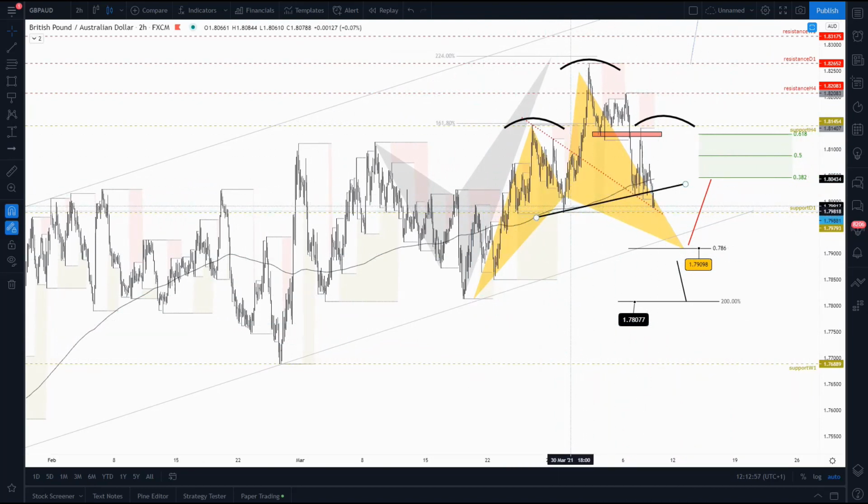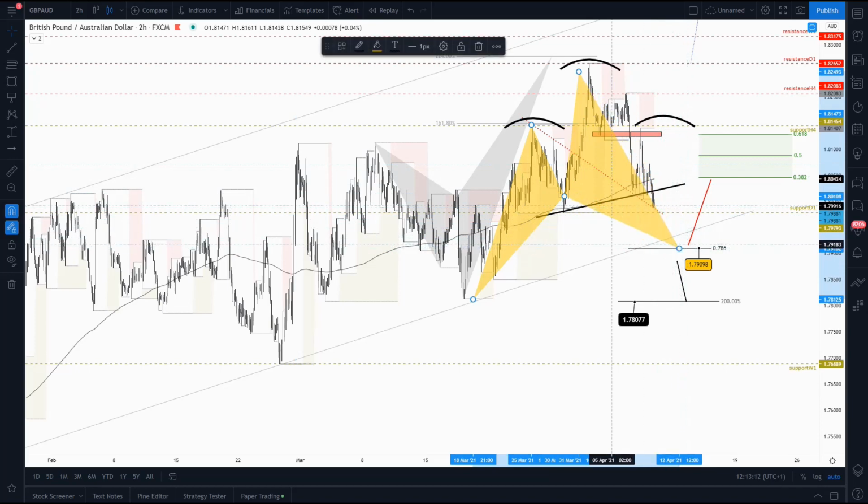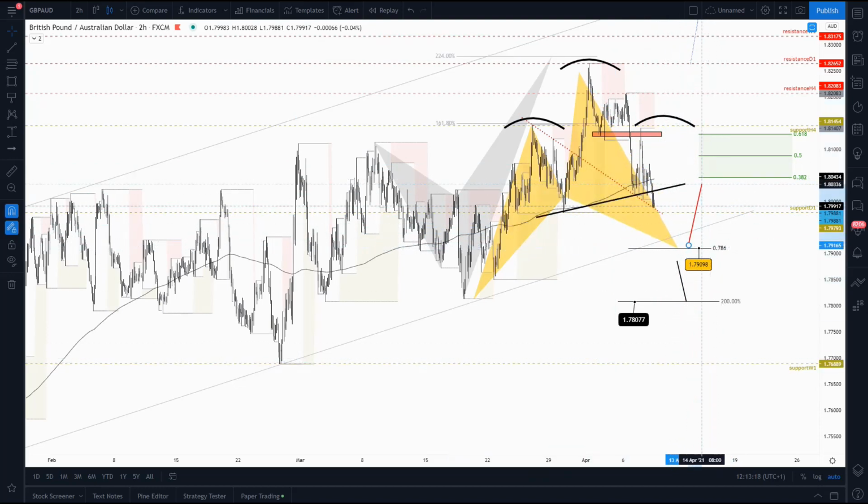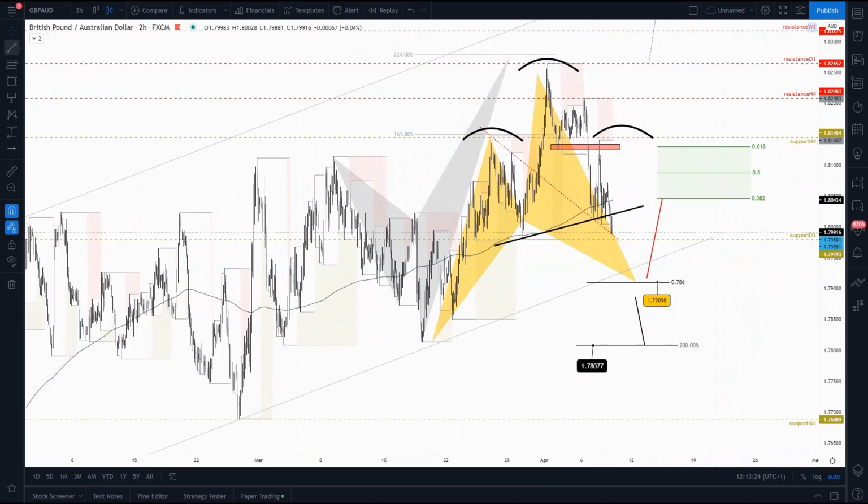Or let's reverse this. If the market bounces from this level, it's because it turned that trend line resistance into a support. That's my view for the pound versus the Australian dollar. I believe there's room to form the cipher pattern, and eventually a retest of the next zone, 38% Fibonacci retracement level.